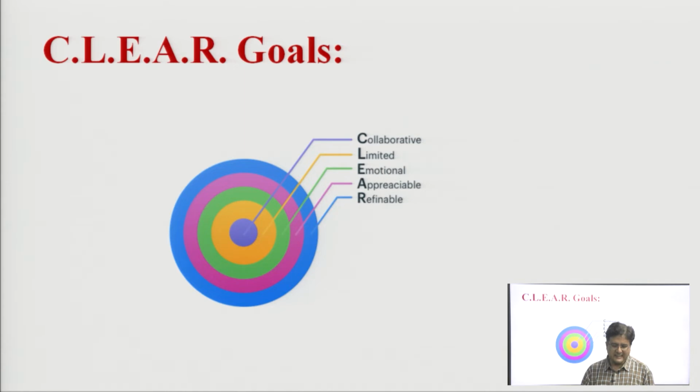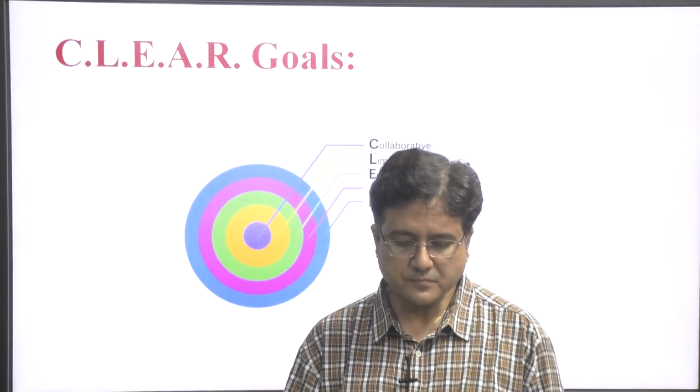The next tool is CLEAR. CLEAR goal: C is collaborative, L is limited, E is emotional, A is appreciable and R is refinable. All five are part of CLEAR, and your goal must be clear when we focus on it. The core is collaborative, highlighted in dark blue.